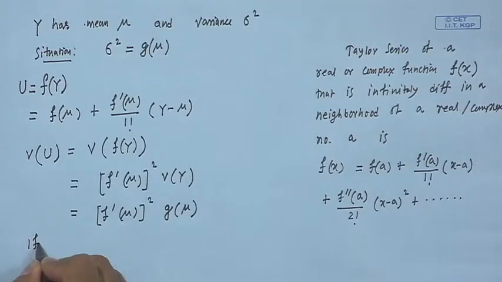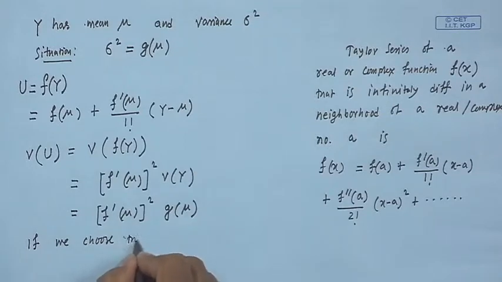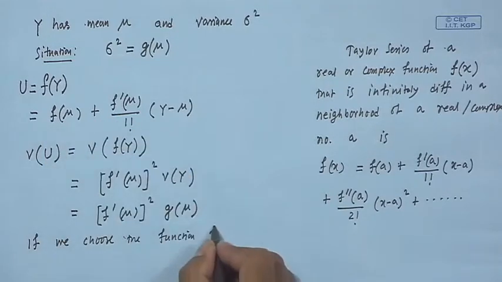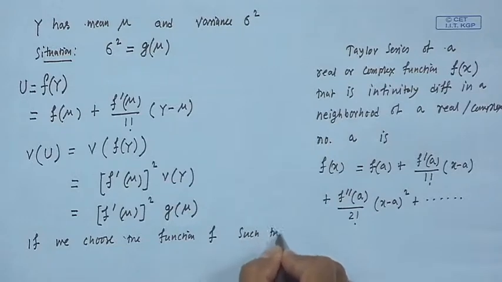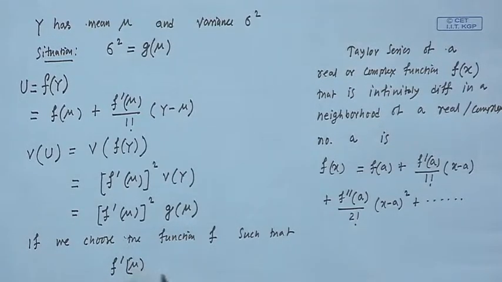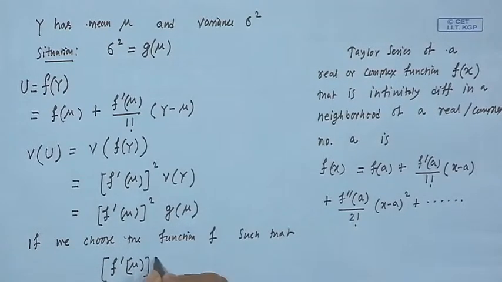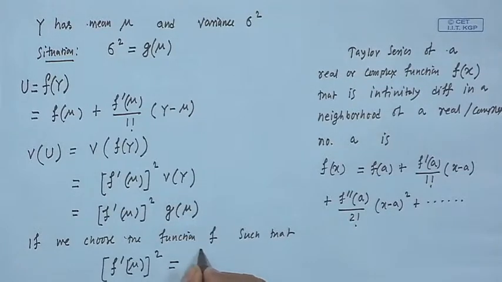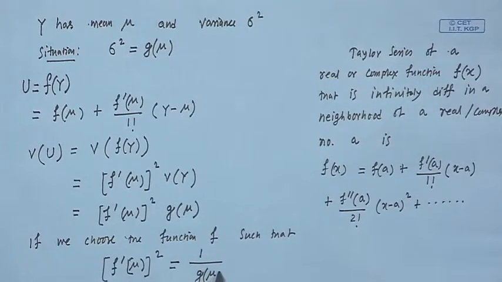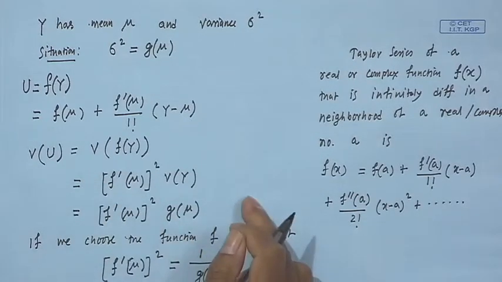Now, if we choose this function f such that f prime(mu) square is equal to 1 by g(mu), then the variance is equal to 1.